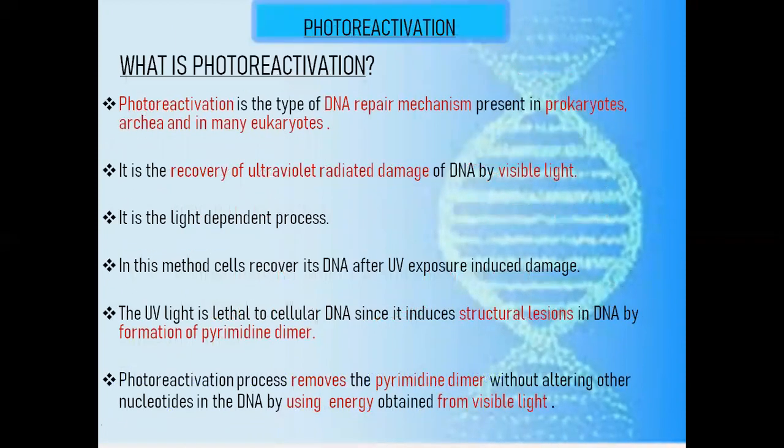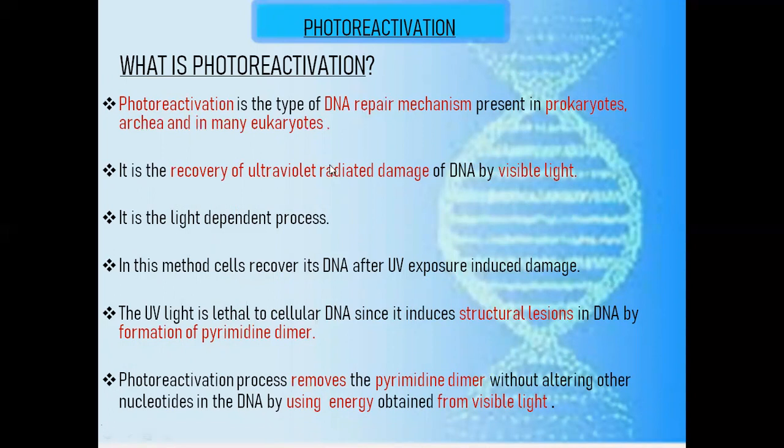So we'll study photoreactivation. What is photoreactivation? Photoreactivation is a type of DNA repair mechanism which is present in prokaryotes, archaea, and in many eukaryotes. It recovers ultraviolet radiation damage to the DNA by using visible light. So this is a light dependent process. In this method, cells recover their DNA after UV exposure induced damage.